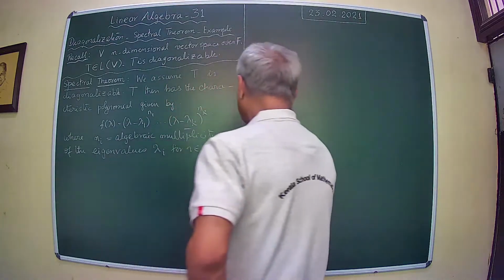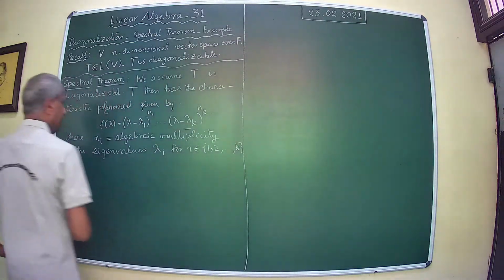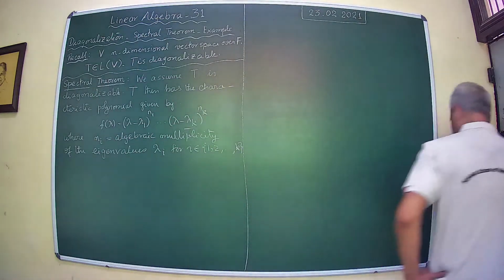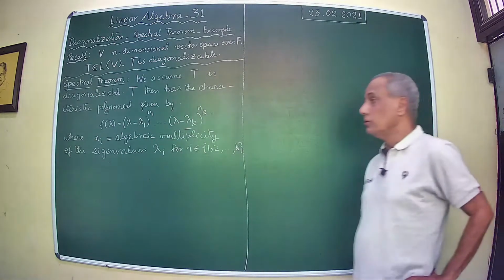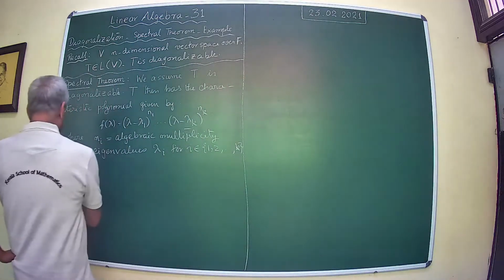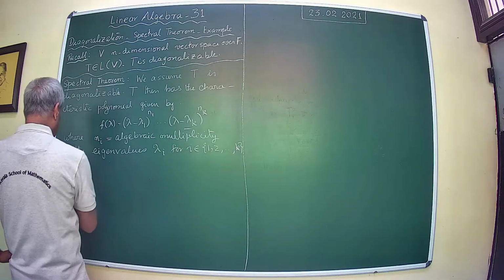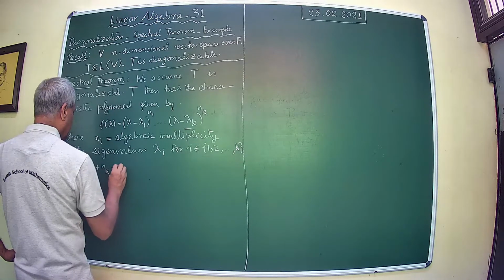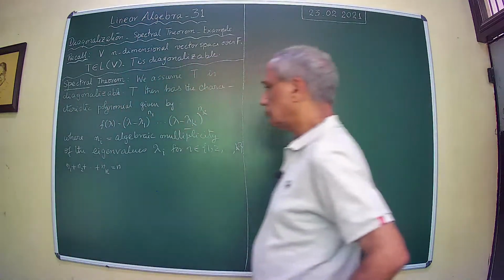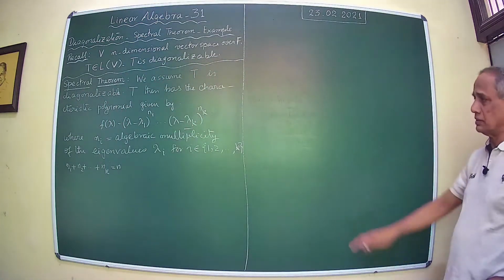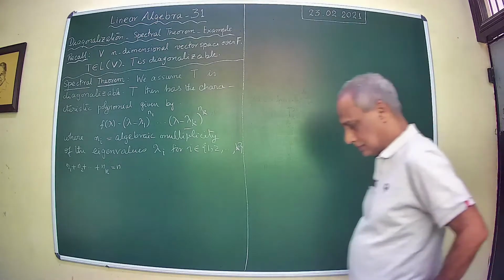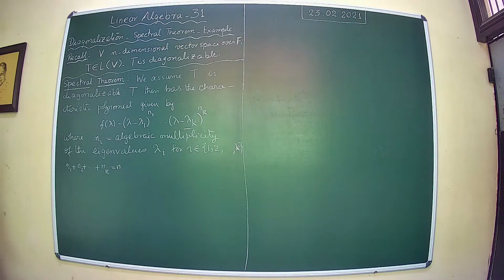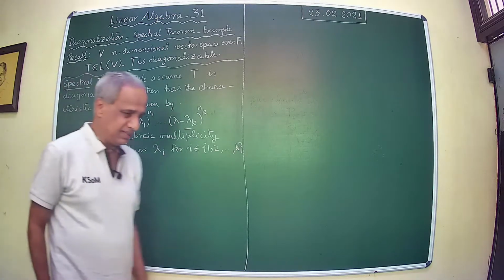This is what you have, and we clearly have the degree of the characteristic polynomial is n, which means n1 plus n2 plus and so on up to nk equals n. This is of course irrespective of diagonalizability.